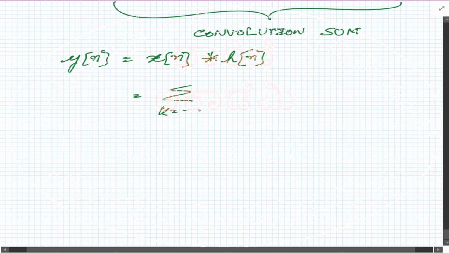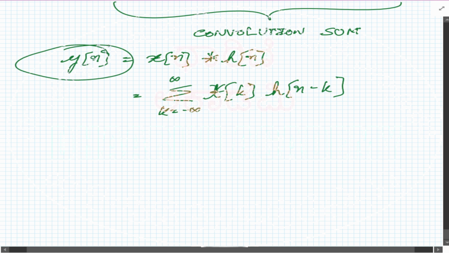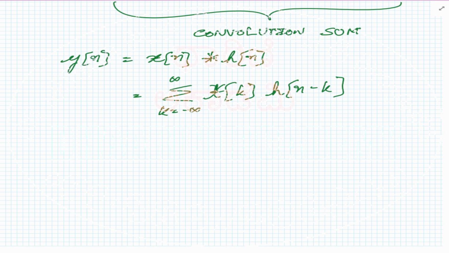This is k from minus infinity to plus infinity, x of k into h of n minus k. I understand that now the time variable is k. Time is not n, though my final answer is n.